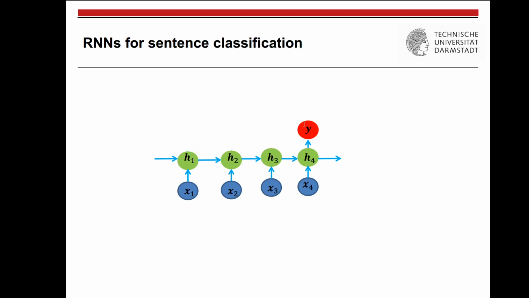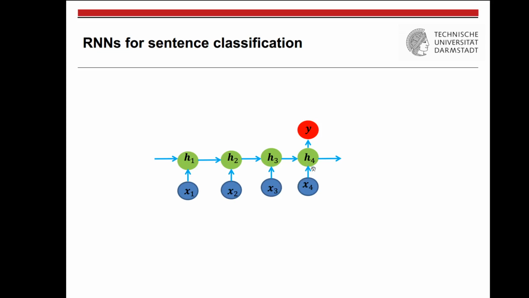But of course, we can also use RNNs for doing a classification, where, for example, we have a sentence or a document as input, and at the end we want to output a label for the whole sentence or for the whole document. For example, we could want to classify the document in whether it is about sports, politics, or something else, or we could want to classify a sentence whether it's positive, negative, or neutral.